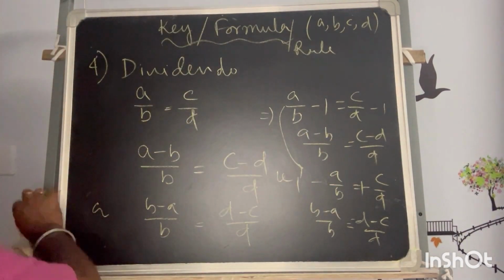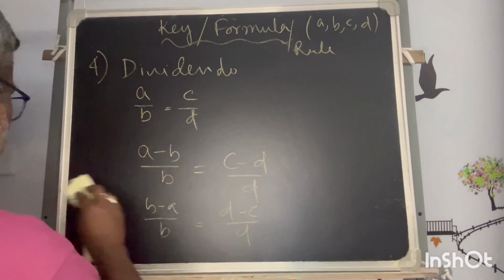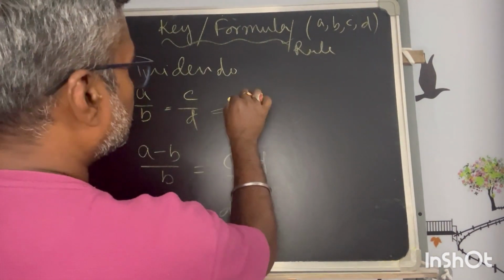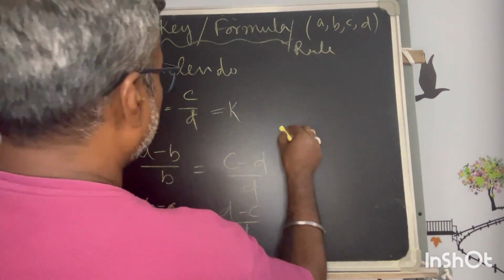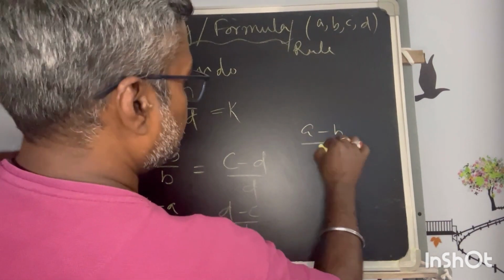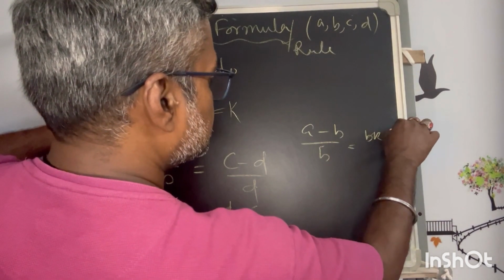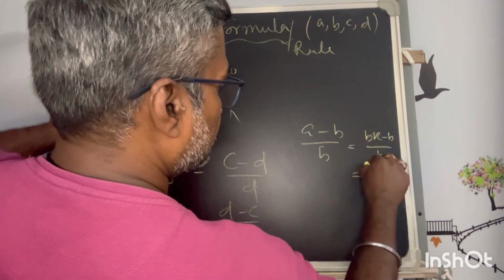This also can be proven with the help of this constant, where a is equal to bk, c is equal to dk. Now if I put a minus b by b, it is equal to bk minus b by b, that will give you k minus 1.